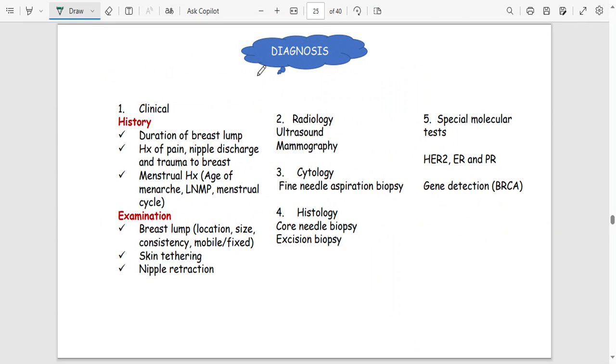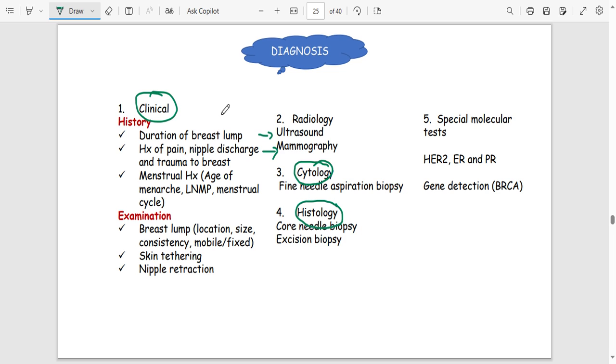For the diagnosis of breast cancer, you use the triple test, the clinical method, and you are also going to use imaging. You can do ultrasound for the young, or mammography for those older than 35 or 40. You can as well do a biopsy, and the biopsy is specifically for cytology. You can also do histology.